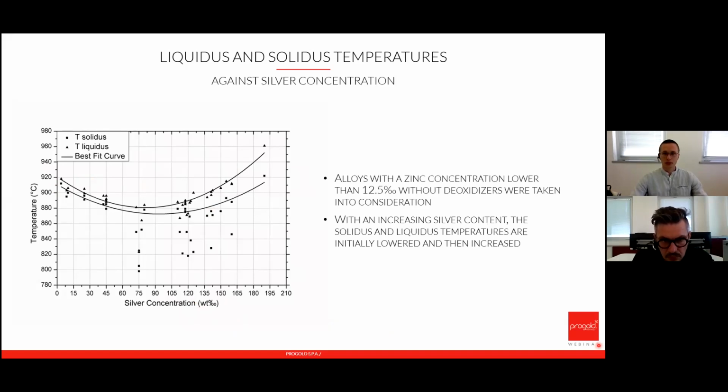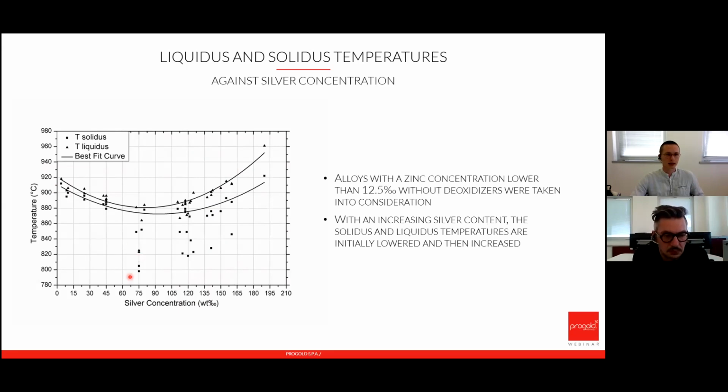So to build the trend curves, we didn't take into account the alloys with more than about 12% of zinc, because those alloys are quite difficult to cast, or better, high content of zinc can give some problems during casting, for example.